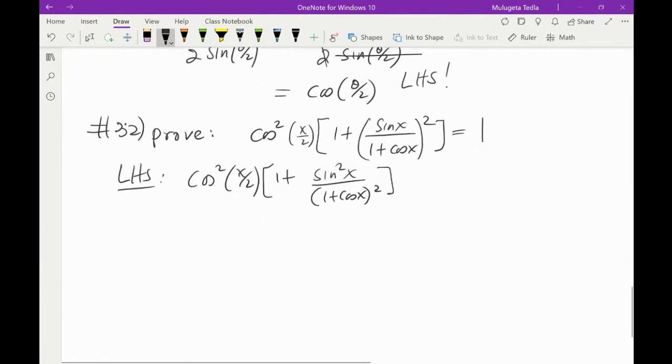You don't say equal to 1. You want to say that this product equals 1. Can you tell me what cos squared of x over 2 is? What is this? I have a problem.